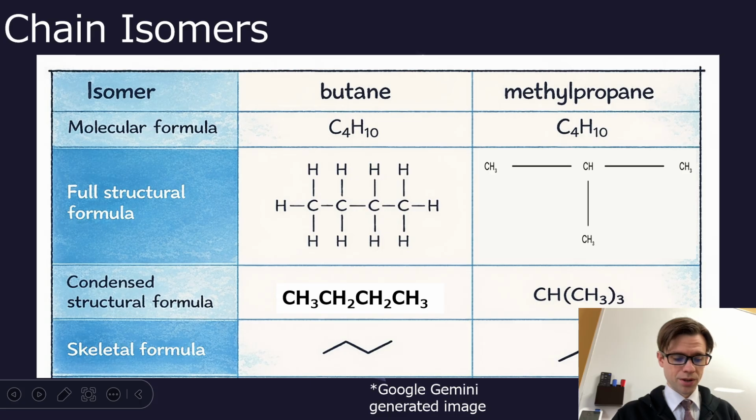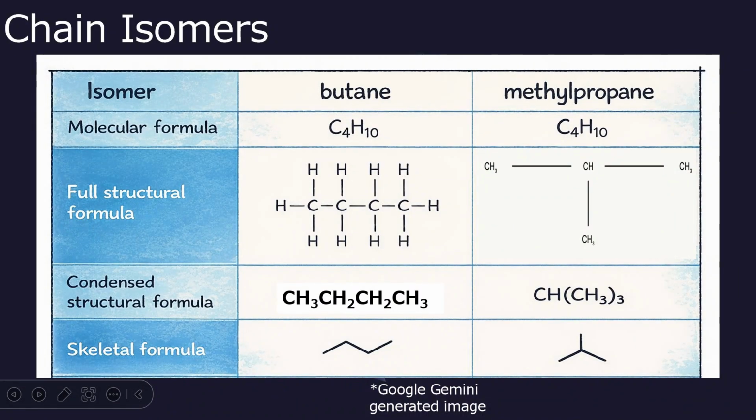Methylpropane is 3 in a row, and then a methyl branch on the middle carbon there. Then you can see the condensed structural formula underneath there. For butane, CH3, CH2, CH2, CH3, whereas for methylpropane, you can write CH, then a bracket to say that these are all connected to this 1 carbon on the left, CH3, 3 times.